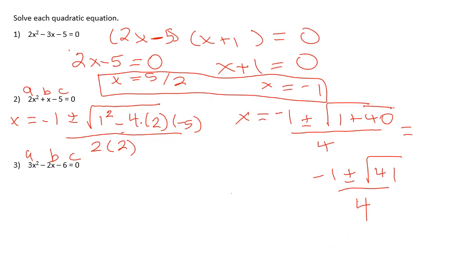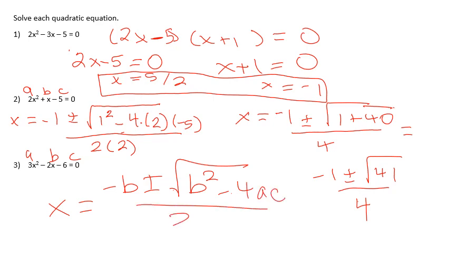Okay, here it is. x equals negative b plus or minus the square root of b squared minus 4 times a times c, all over 2a. All right, that's it. Thank you.